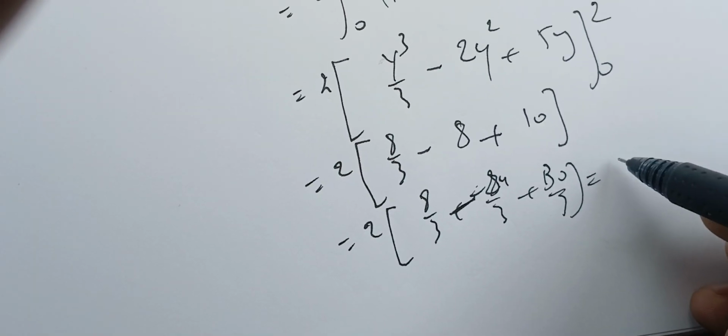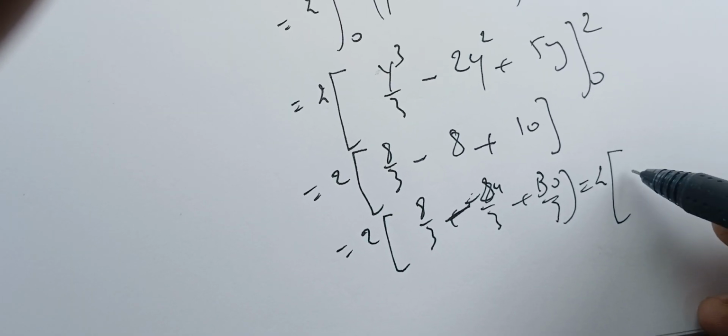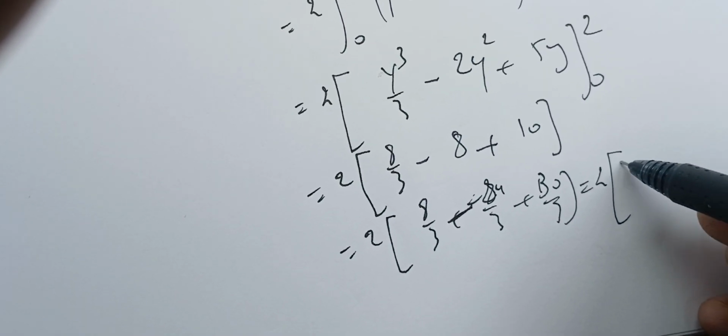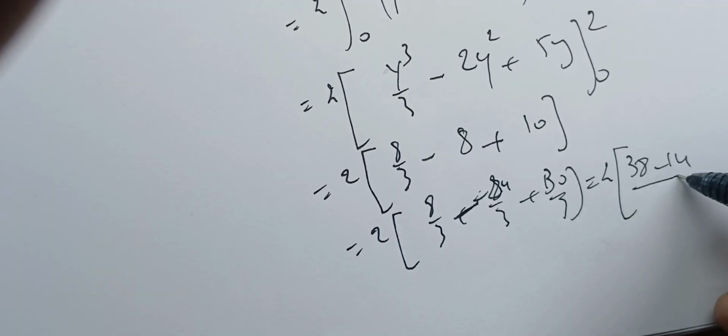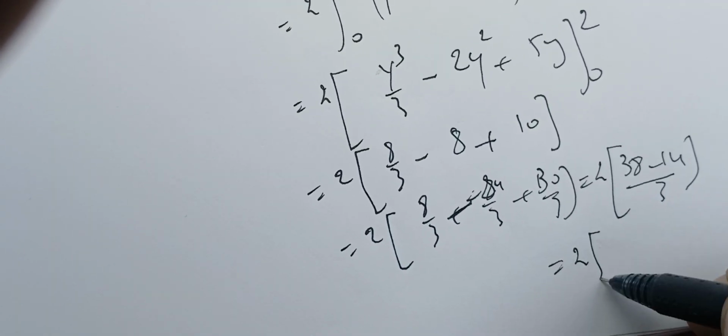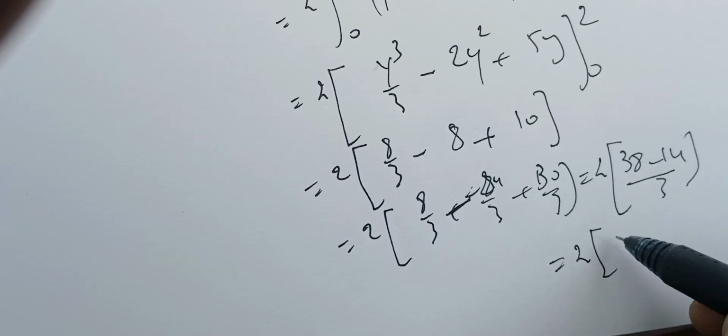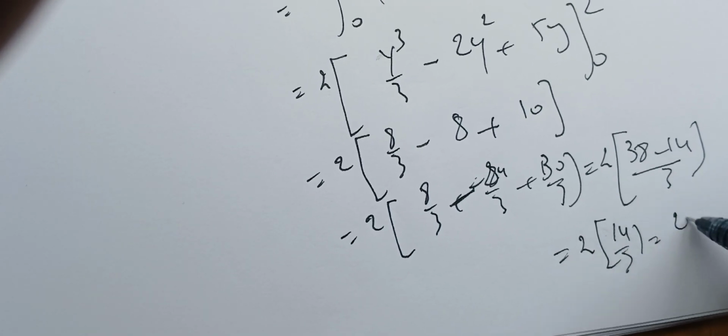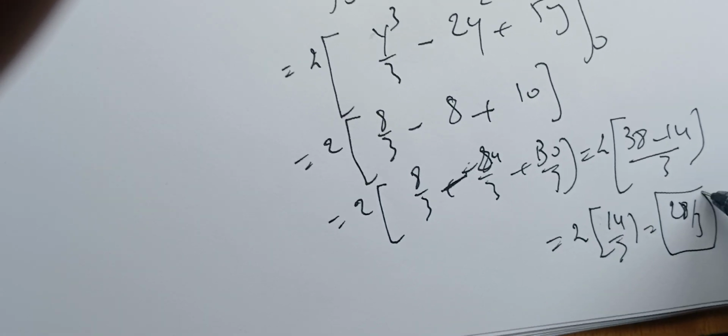So this gives us 14 over 3. So 2 times 14 over 3, that's 28 over 3.